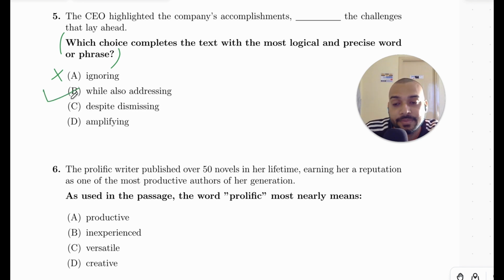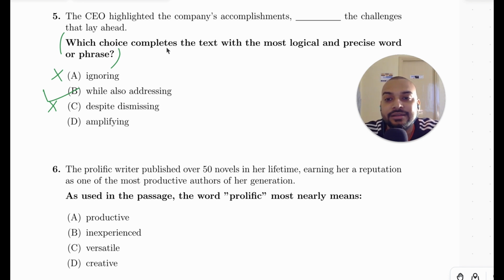Okay. Despite dismissing, no CEO would dismiss the challenges, and it's not explicitly mentioned anywhere. Okay. Amplifying the challenges that lay ahead. Amplifying can be used in two different ways here.